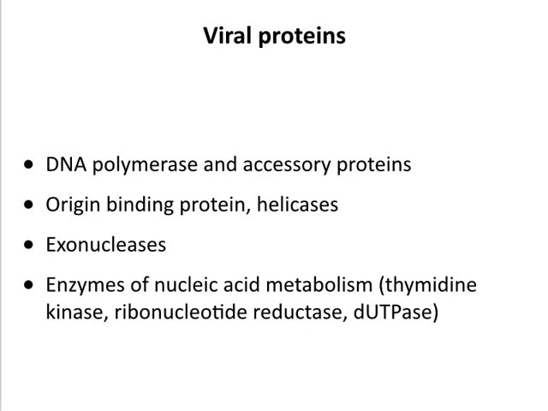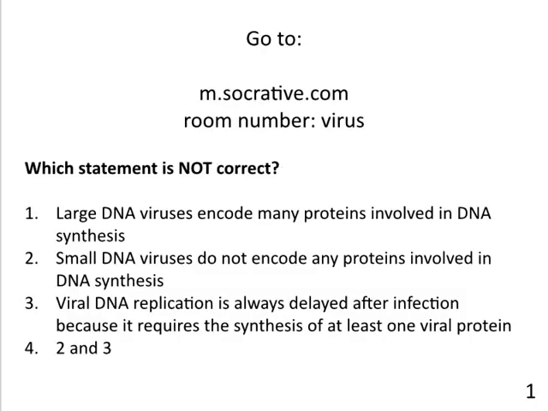There are exonucleases that chop ends, and there are various enzymes of nucleic acid metabolism. Remember, all the dNTPs have to be made, and there are lots of enzymes in the cell that go towards that. So again, for the small viruses, this is all coded by the cell. But some of the bigger viruses encode these enzymes that have to do with nucleotide metabolism.